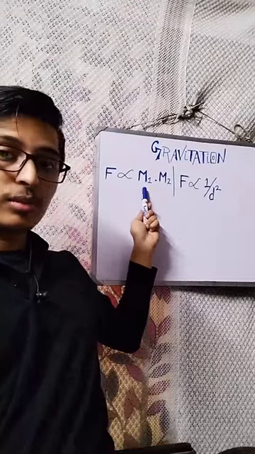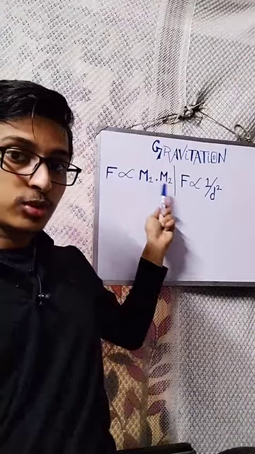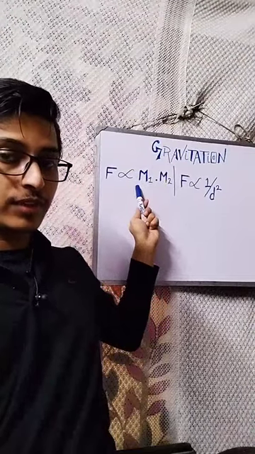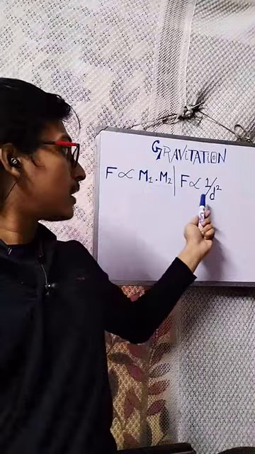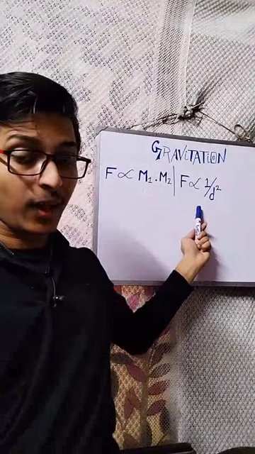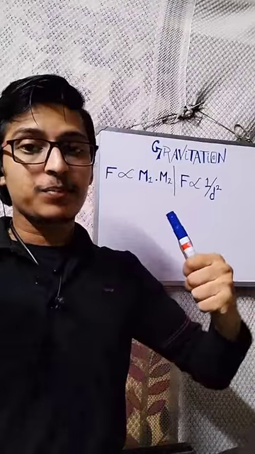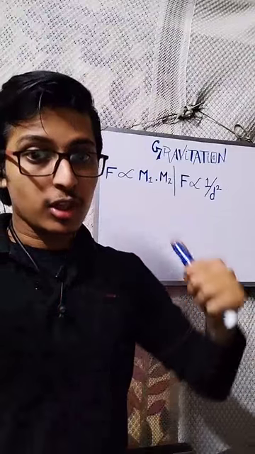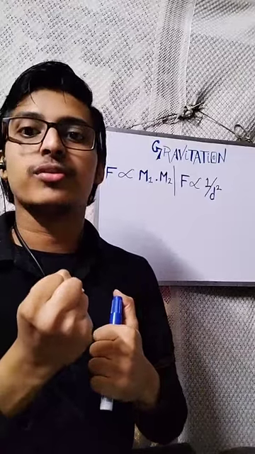Let the mass of one body be m1 and the mass of the other one be m2. So the force of gravitation would be directly proportional to the product of the masses. And also the force of gravitation depends upon the distance. And how? It depends inversely. That means the longer the distance, the weaker the force of gravitation gets. The closer the two bodies are, the stronger the force of gravitation gets.